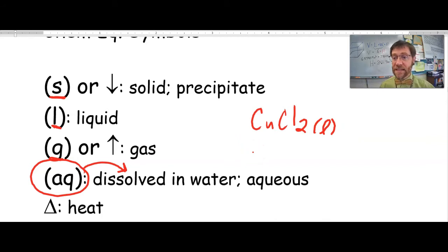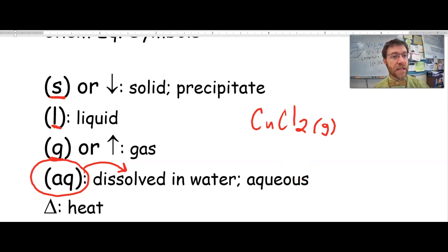That means it is liquid or melted, so not in water. It's been heated up to the point where it actually melts. And if we write this one, that means we have boiled it. It is so hot, it is now a vapor. So that's the difference between solid, liquid, and gas. Liquid means that it is melted.